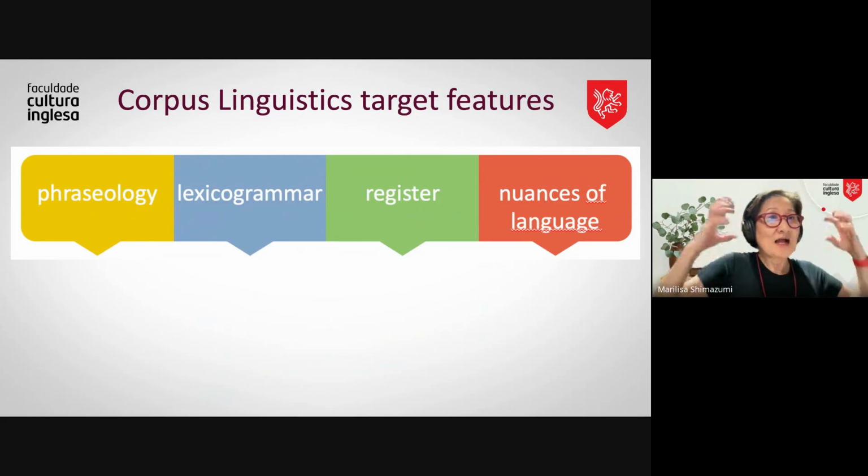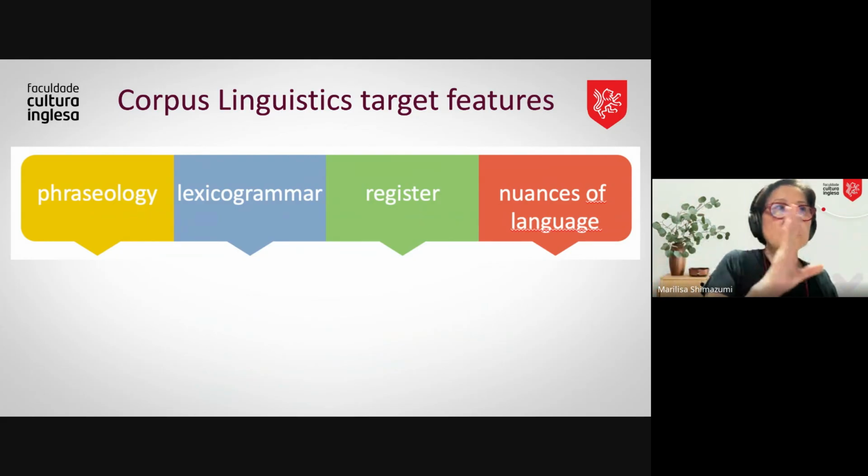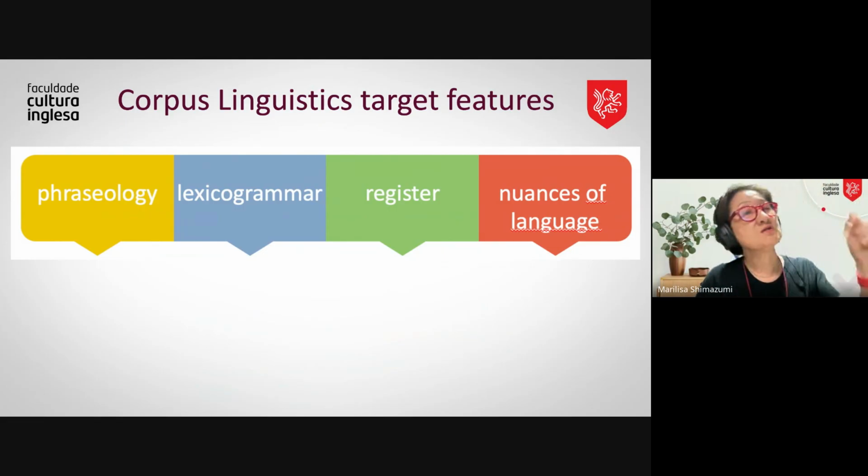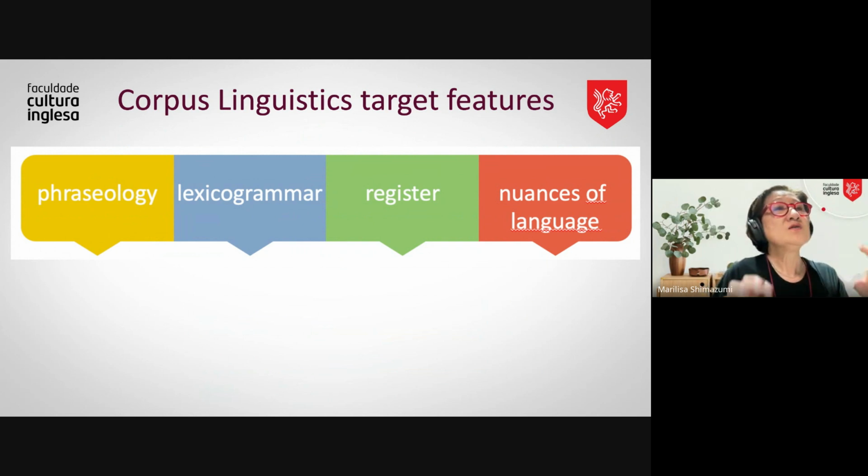Remember, it's a large amount of information, spoken in English, spoken and written texts. You can look at language from a phraseological point of view, from a lexicogrammatical point of view, from a register point of view, or from nuances of language. So what do they mean?